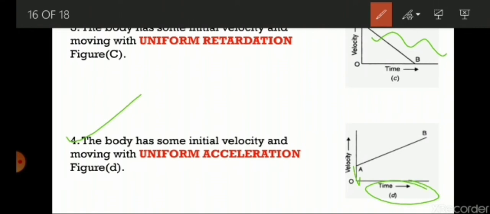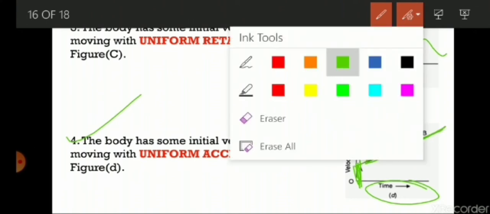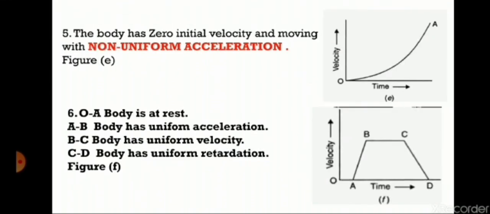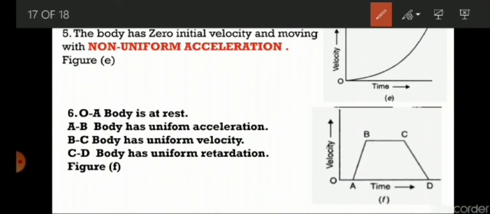Then again, this graph represents that the body has some initial velocity, and after that it is moving with uniform acceleration. Next, the fifth graph.